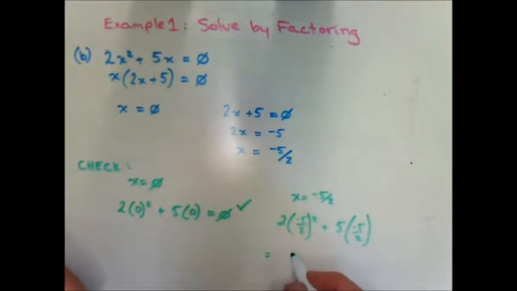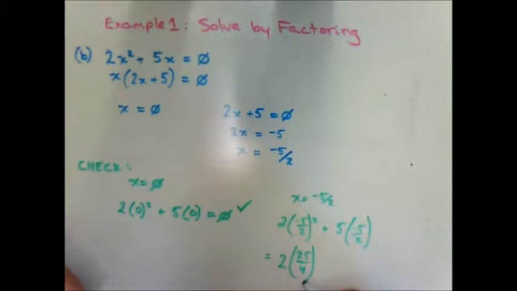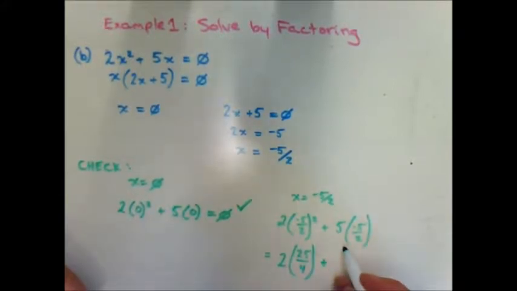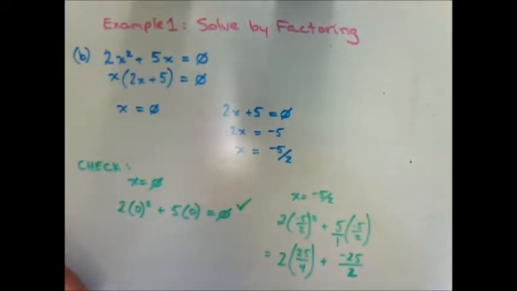Negative 5 times negative 5 is positive 25. And 2 times 2 is 4. And here we are adding. And now we have 5 times negative 5, which is negative 25 over 2. Top times top, bottom times bottom. This says 25 over 4. It's 5 squared, 25.